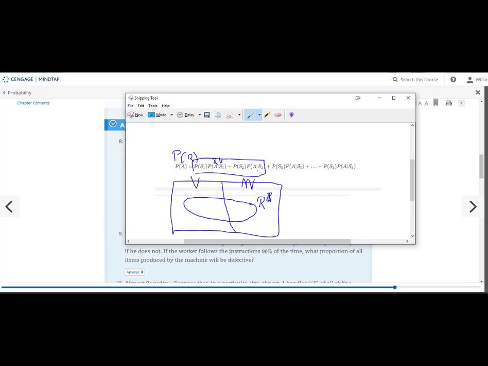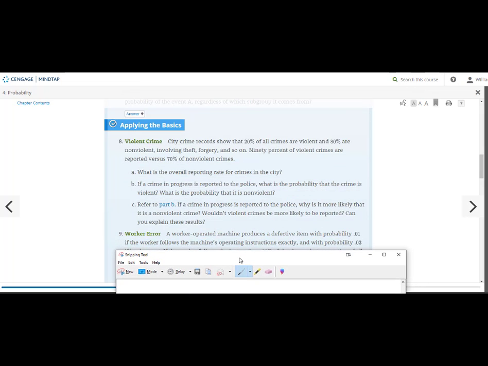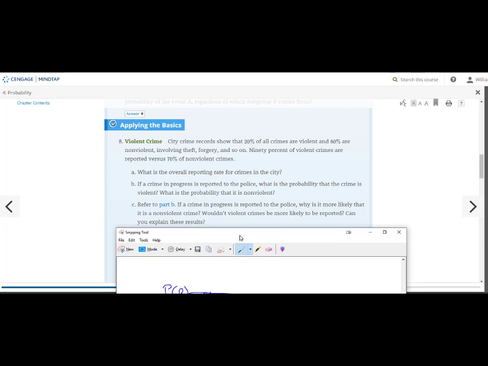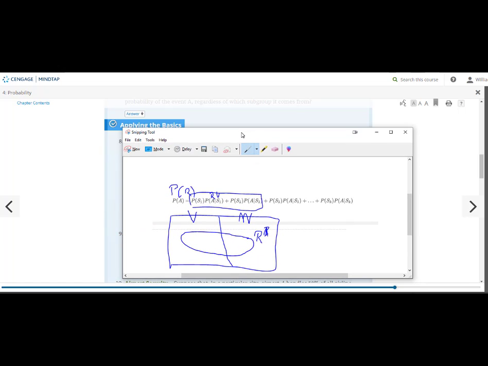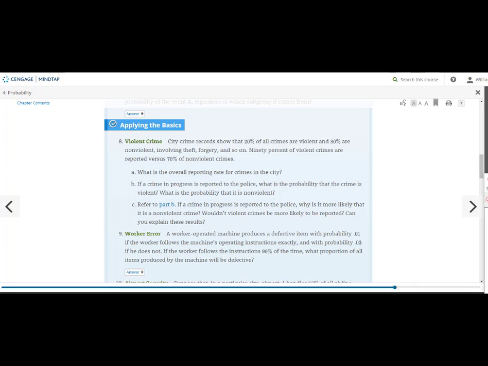And hopefully they tell us, given that it's non-violent, what's the probability that it's reported? And from that, we can calculate the probability of R. So do they give us all that? Well, I think they did. So I'll let you check that. I think that's all given right in here. So we had to translate that question into what we called the total probability rule.